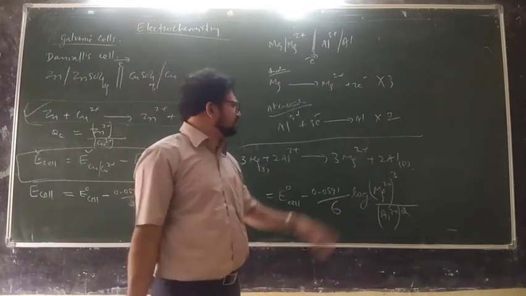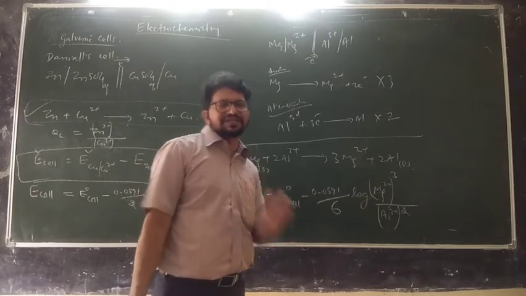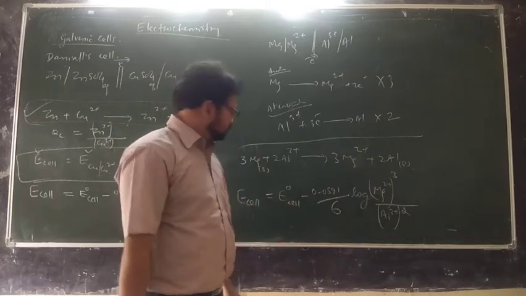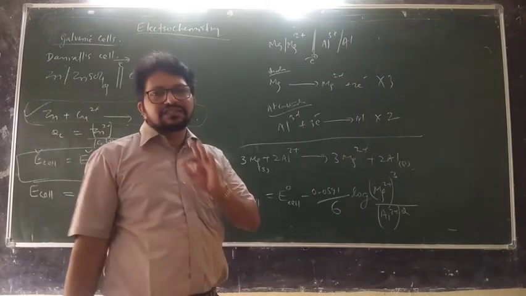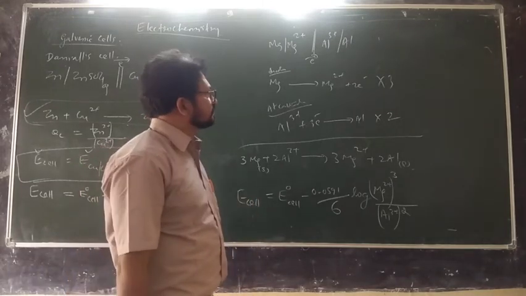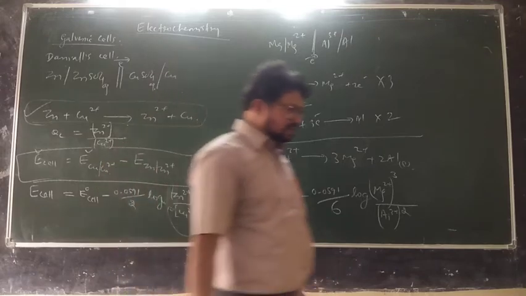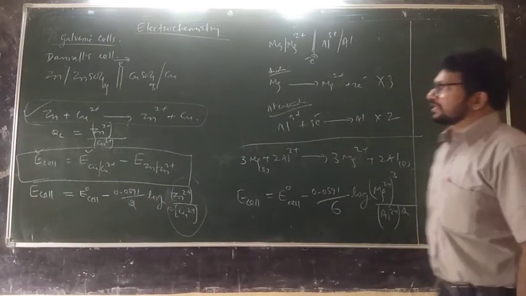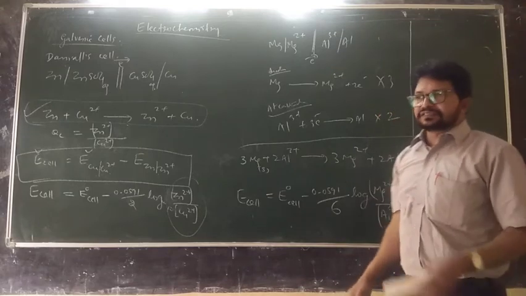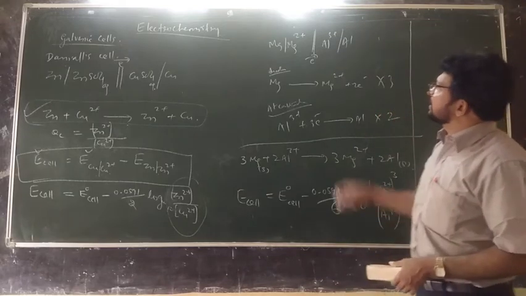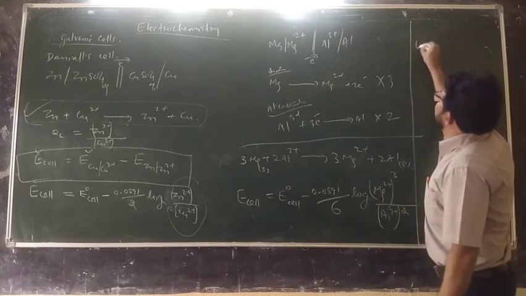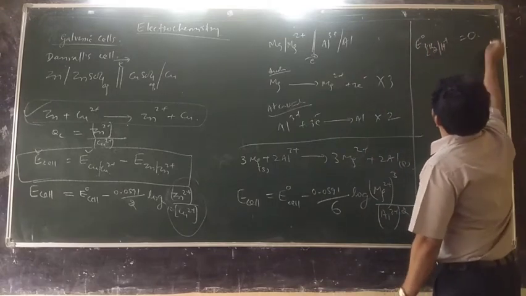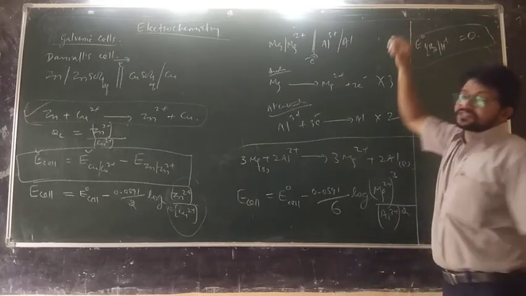In the problems they will give you the molar concentration of the ions. The standard electrode potential also they will give, so that you can estimate the EMF of the cell. So these are all about the Nernst equation to calculate the EMF of the cell. And if one of the electrodes is the standard hydrogen electrode, E naught of H2 H+ is 0. This you must know; they will not give the electrode potential.